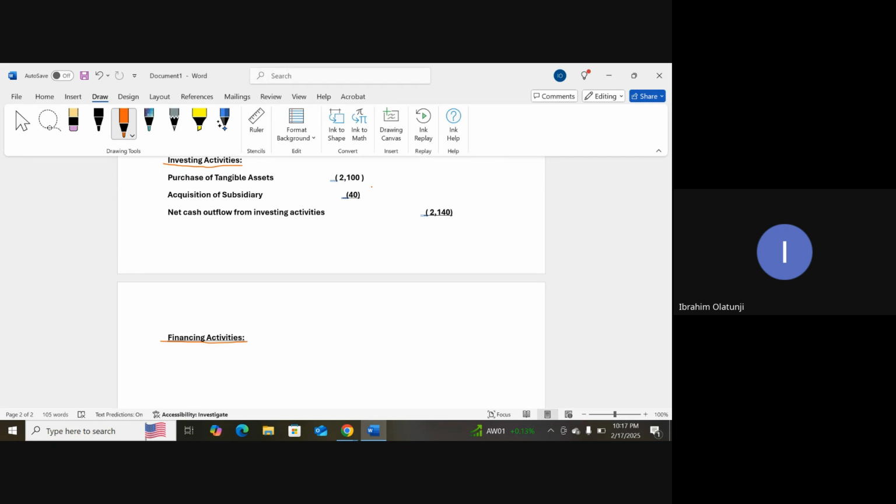So all these are under financing activities. Then all this loan that I'm talking about, probably you want to repay the loan. The amount that you use to repay that loan will also form part of your financing activities.